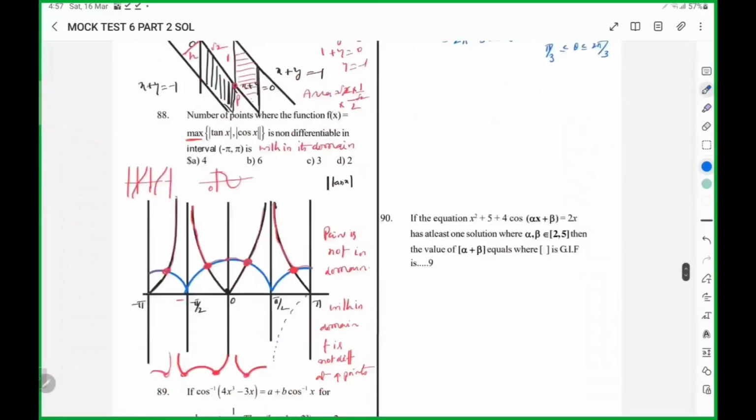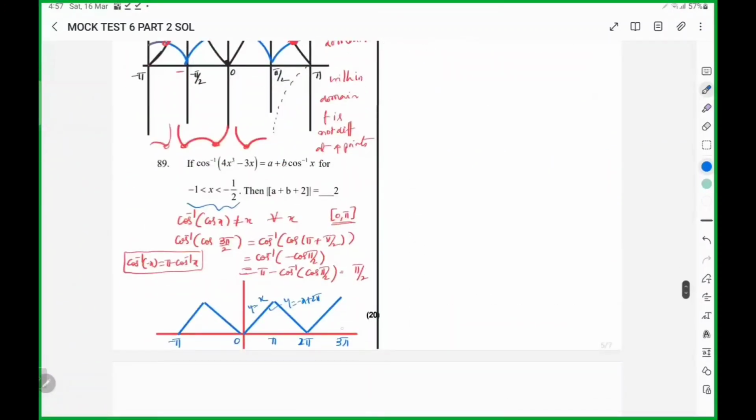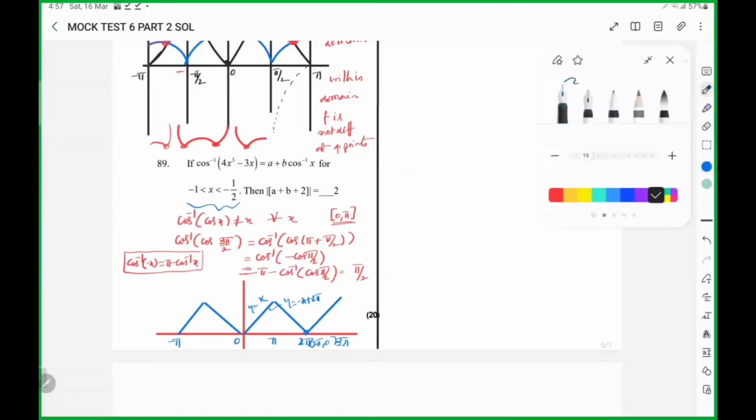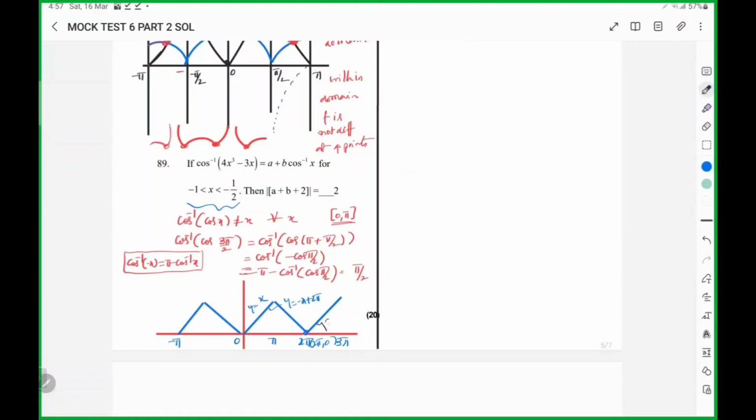Let us take some other interval, 2 pi to 3 pi. It is parallel to y equal to x and passing through 2 pi comma 0. Here y will be x minus 2 pi.